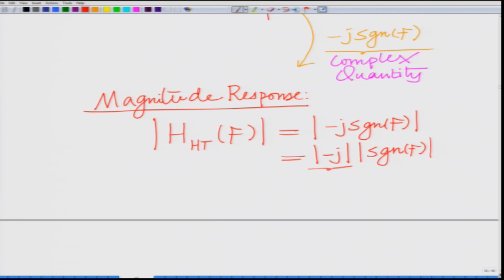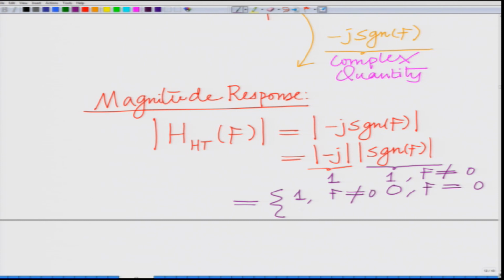Now, the magnitude of minus j is basically 1, and the magnitude of sine f is 1 for f not equal to 0 and 0 for f equal to 0. So, the magnitude response of H hat of f is 1 for f not equal to 0, 0 for f equal to 0.